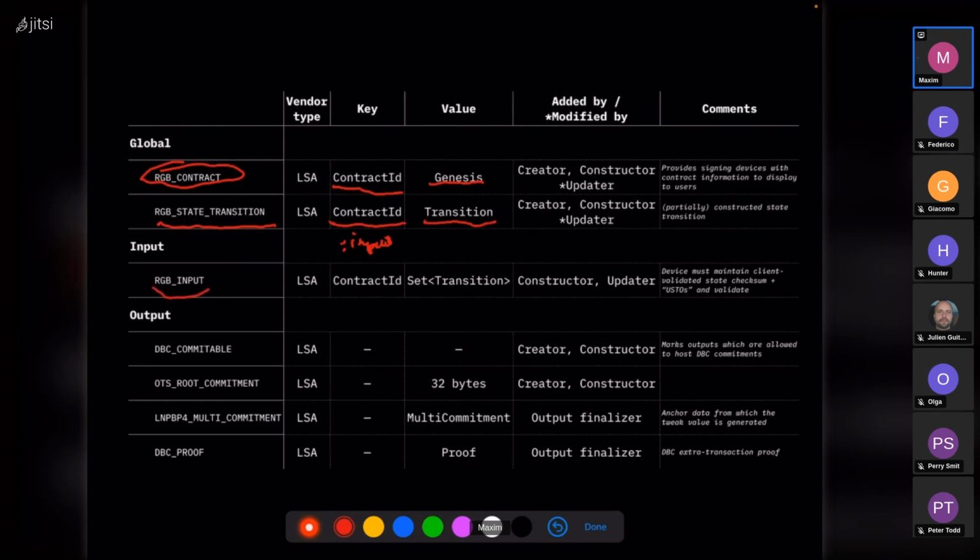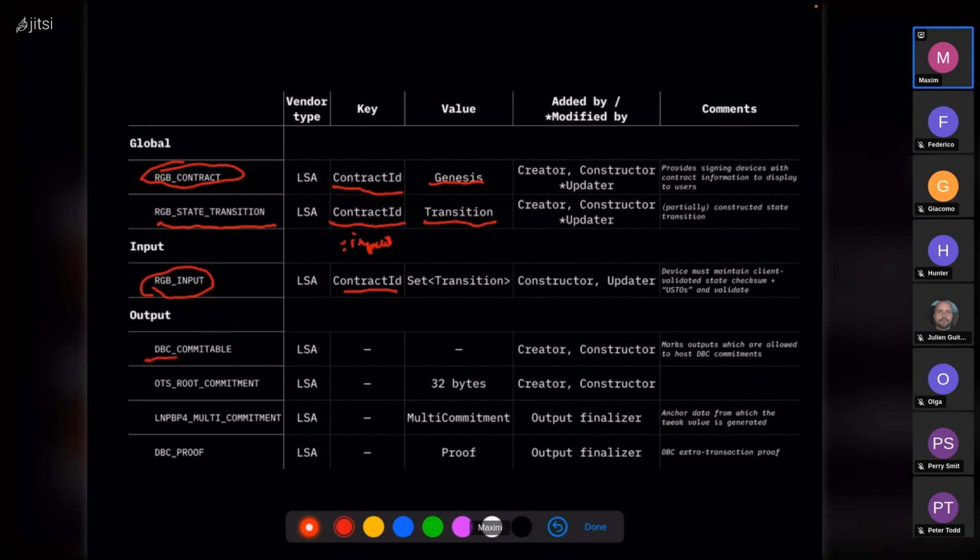The inputs contain the information about the previous state transition that provides input to this transaction, also keyed by contract ID. And there might be multiple transitions because the same UTXO may contain multiple single-use seals from multiple transitions.